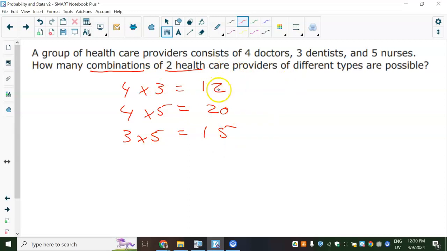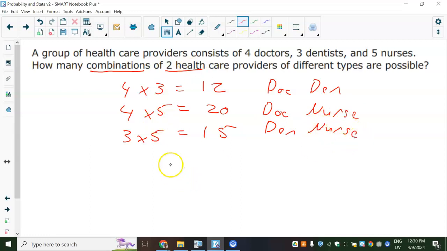There's 12 doctor-dentist combinations, 20 doctor-nurse combinations, and 15 dentist-nurse combinations. So all total, add those up, and I think you get 47. So there's 47 different possible 2 healthcare provider combos.